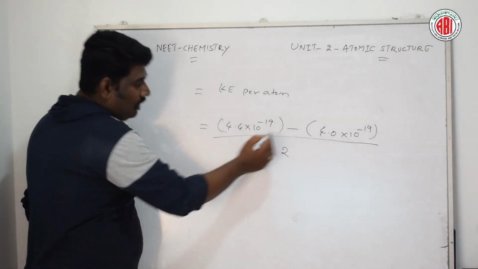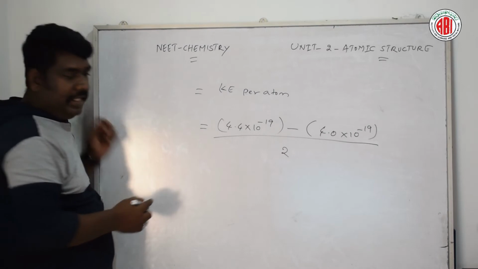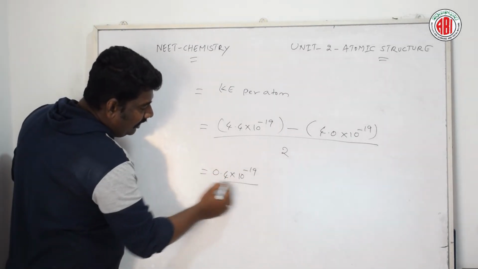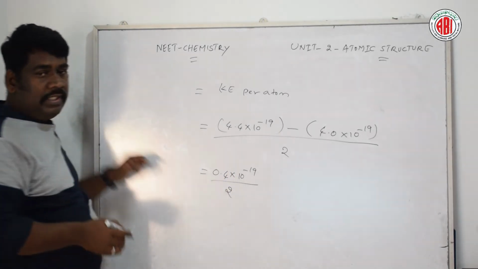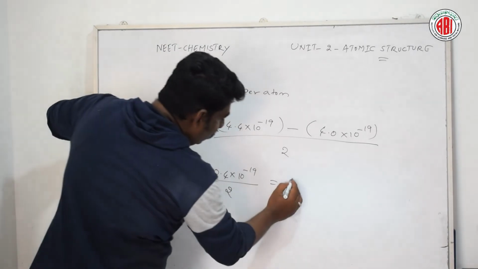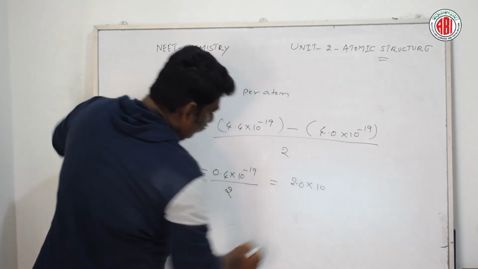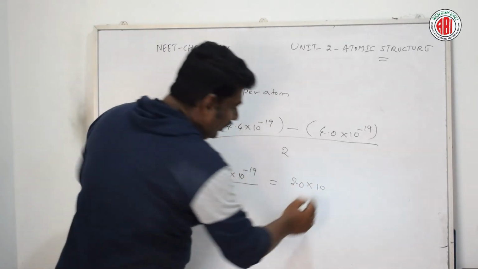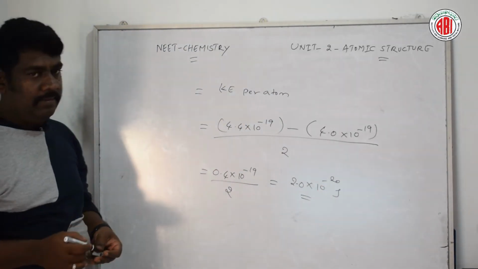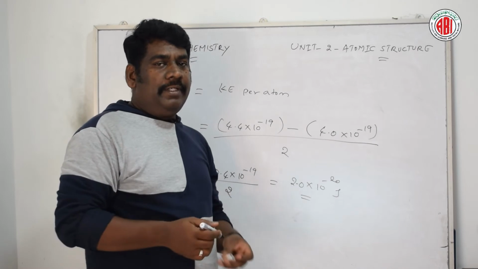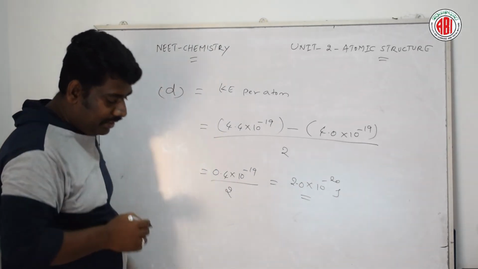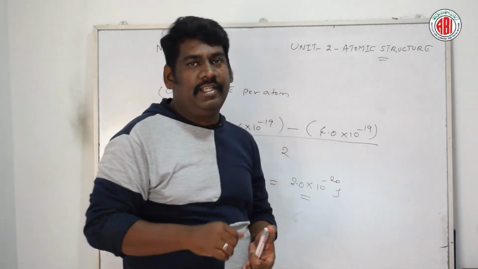Simplifying this, we get 0.4 into 10 to the power of minus 19 by 2, which is 2.0 into 10 to the power of minus 20 joule. So by this way we can solve this problem. Option D is the right answer. Now let us go for the next question.